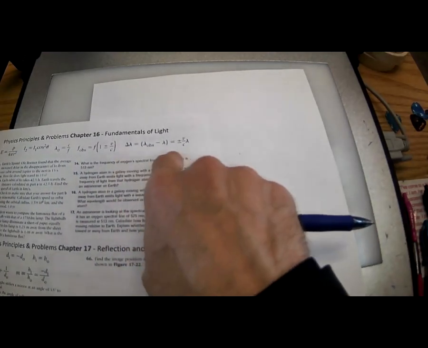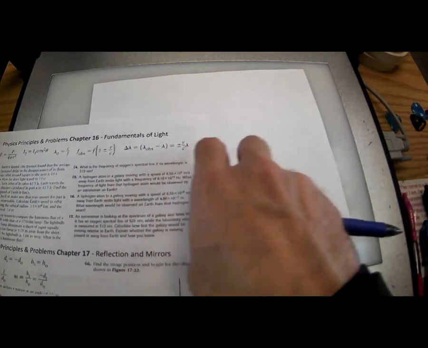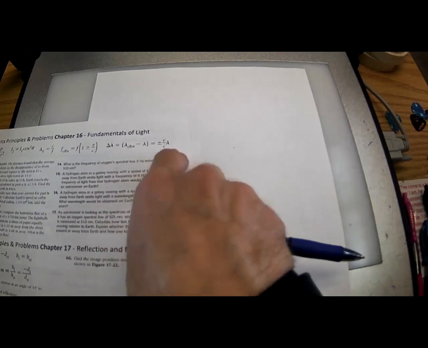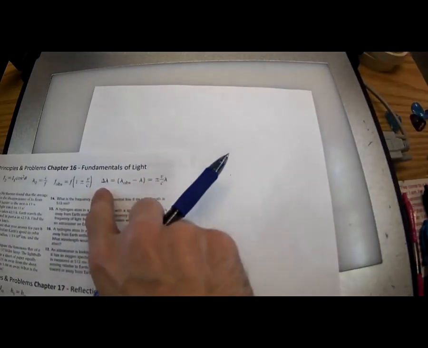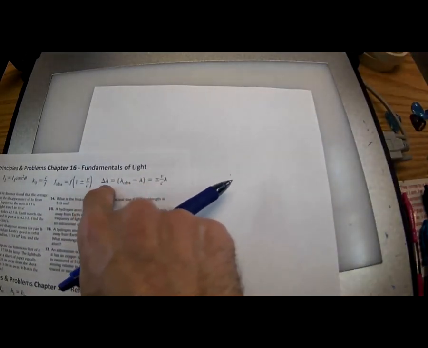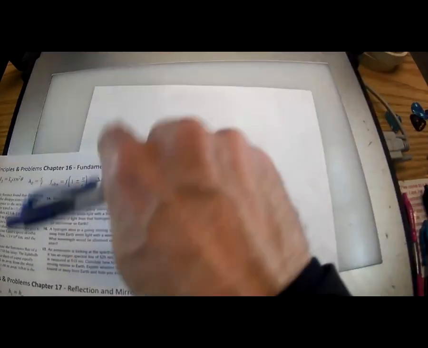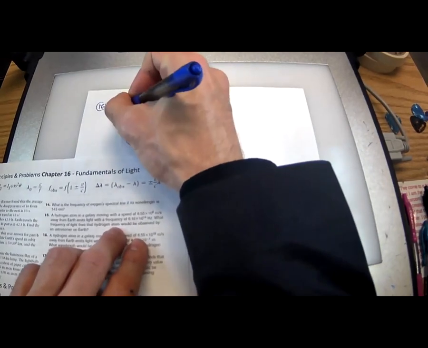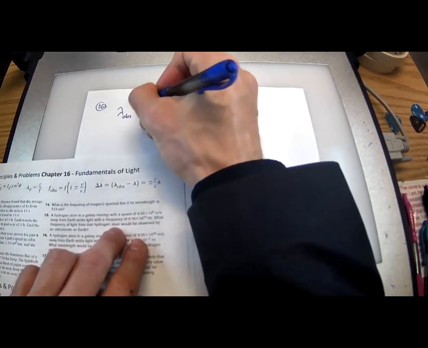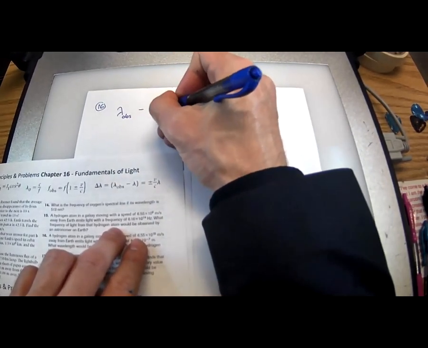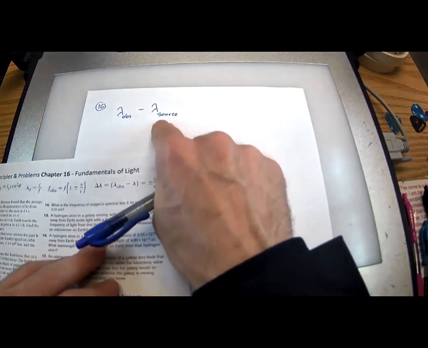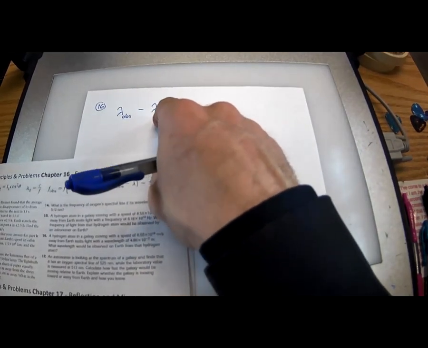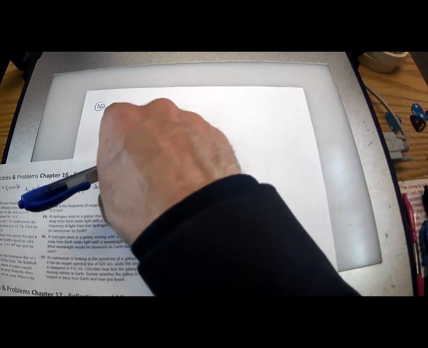Right? And the Doppler shift we have dealing with wavelength, well, they gave it to us like this, but I'm actually going to rearrange it so that, well, you guys see what I'm going to do with this. So the change in wavelength, that's what delta lambda is, which is the same thing as the observed wavelength, this is number 16, minus the source wavelength, right? Because there's some wavelength that's being emitted, and then as it crosses the universe, maybe it'll stretch out.